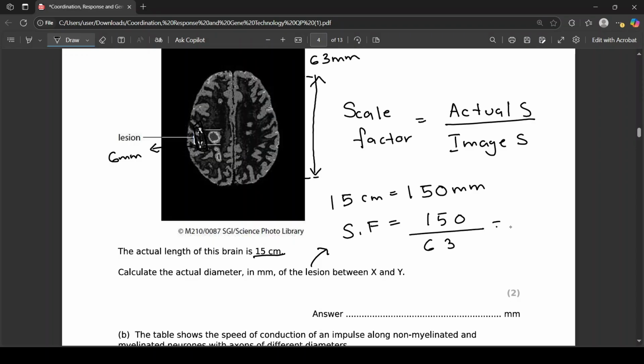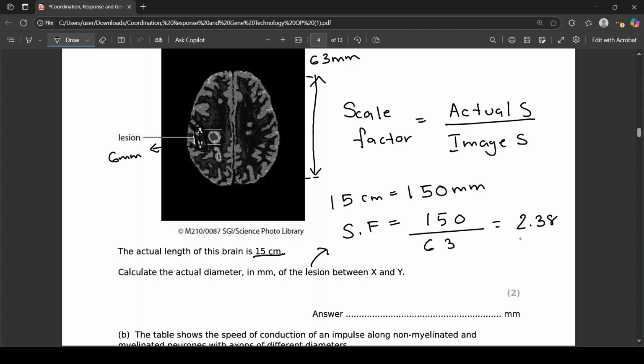We get a scale factor of 2.38, and this means that everything on the image is about 2.38 times smaller than in real life. So now we can use the scale factor to find the actual lesion size.